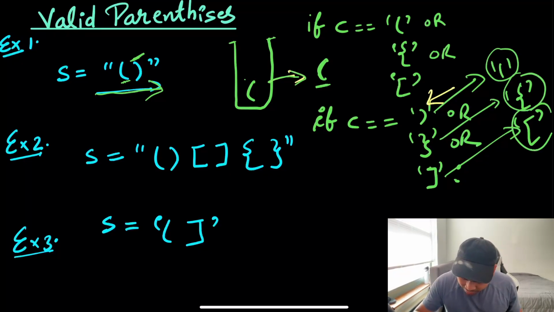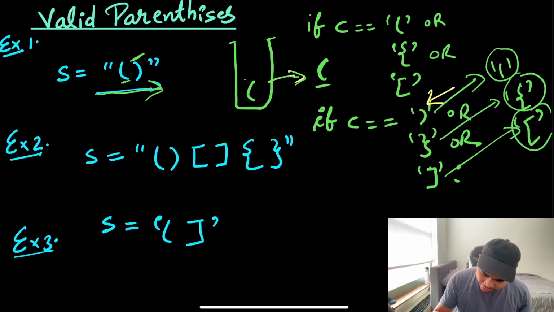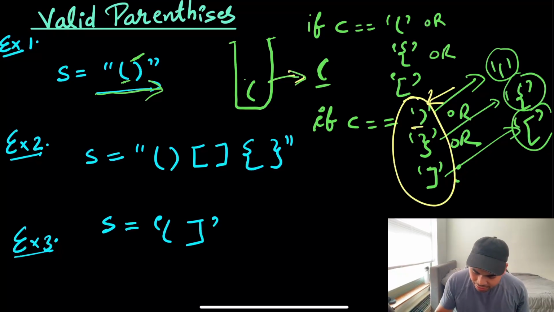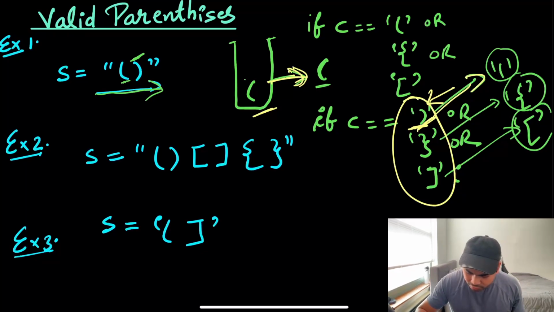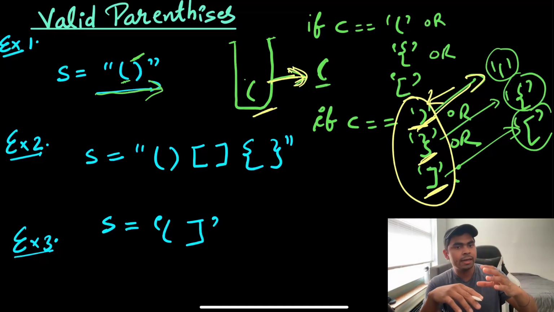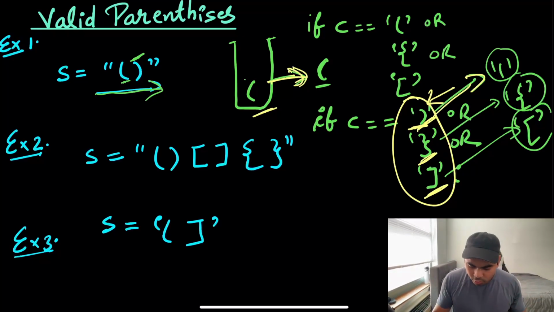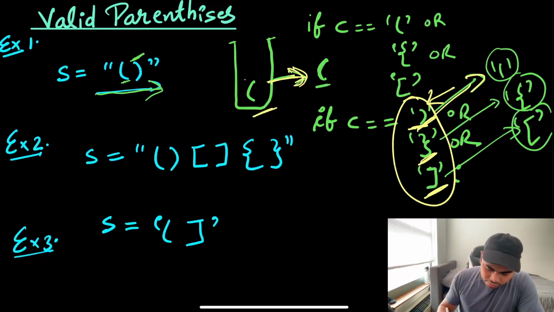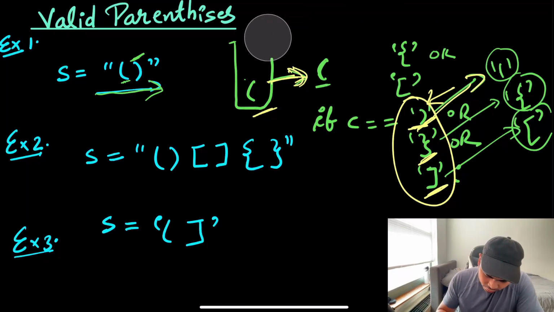There are two things that I'm checking when I find any of these: I will check if my stack is non-empty, and that the last character I see is a corresponding bracket that matches the current closing bracket I'm seeing, so that when I pop that out, that closing bracket matches. I must have seen an opening bracket of the same kind, right? I think that makes perfect sense. So there are two things that I need to check.